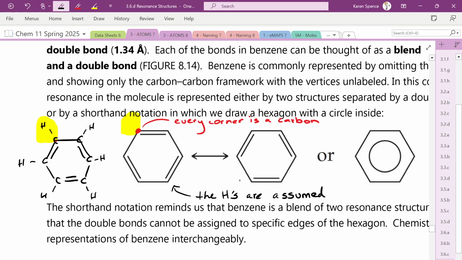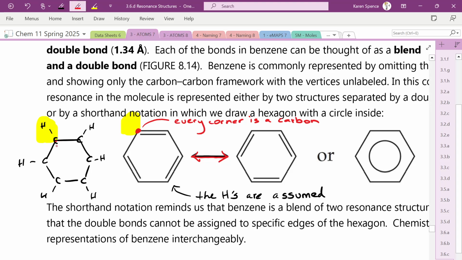And we can show the double bond, and we show the double-headed arrow, showing that it goes back and forth in between. But benzene is such a common structure, and if you remember, it's going back and forth between these two. We don't really have a double bond here.